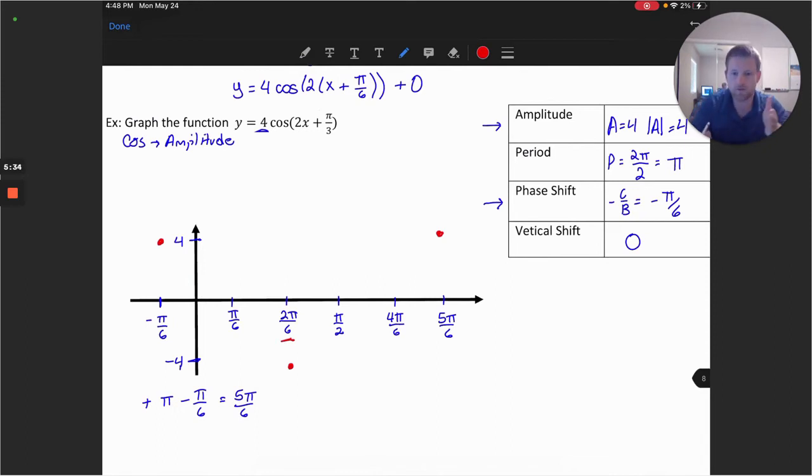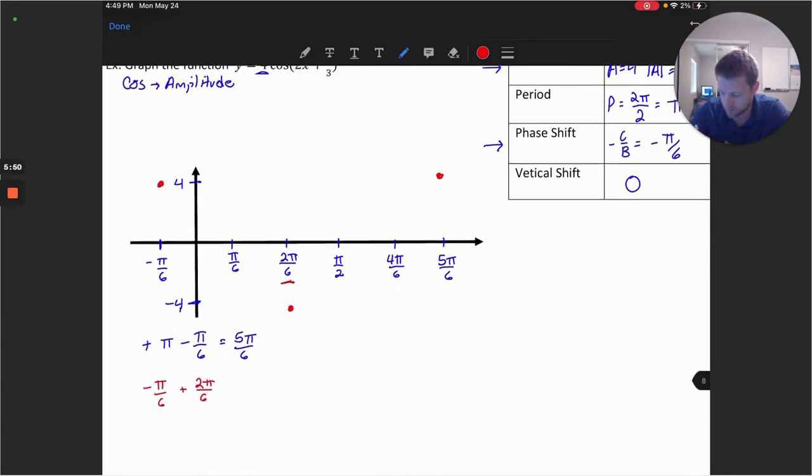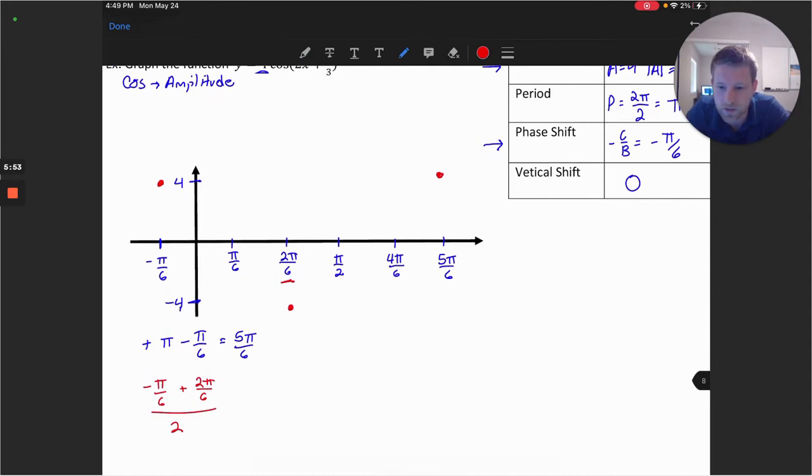And the last thing we need to do is figure out where to take our quarters. So if I add together negative pi over 6 plus 2 pi over 6, and then divide by 2, I can get where my middle value is between my low point and my high point here. So this would be pi over 6 divided by 2, or pi twelfths. So pi twelfths would be that point there.